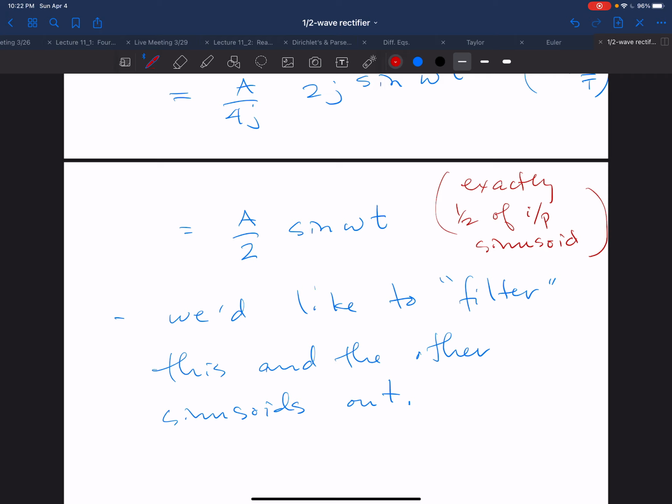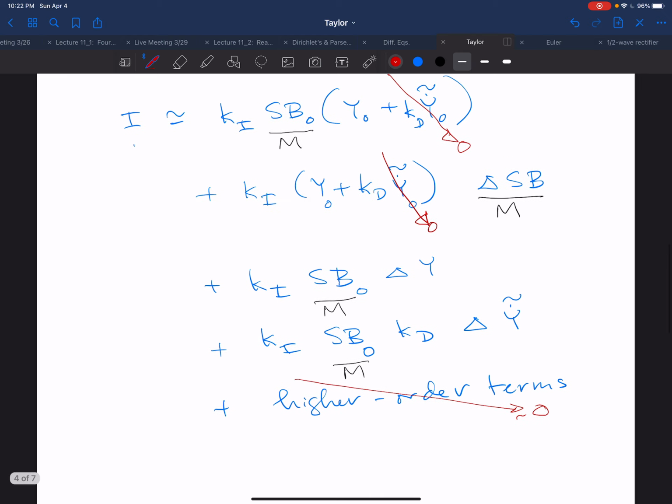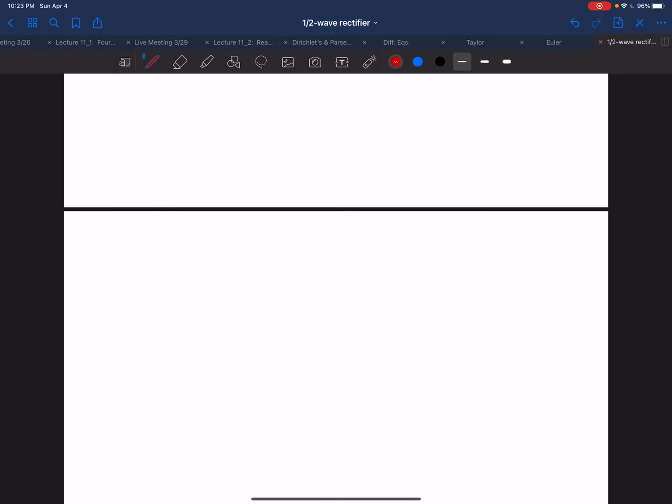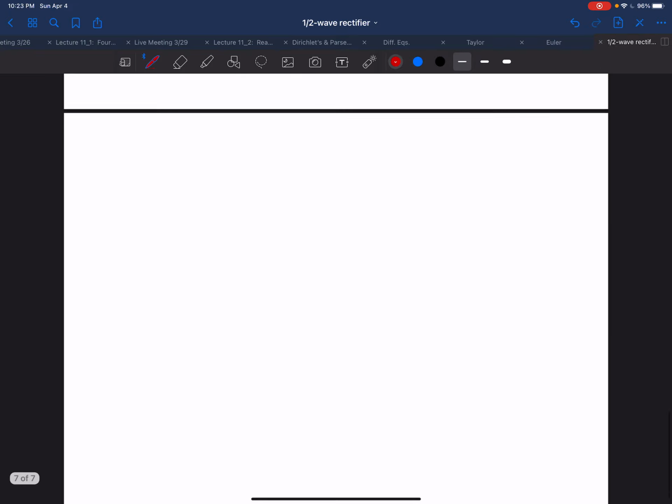Now, we're not going to go ahead and try to do this filtering. In fact, maybe I'll just give the whole Fourier series.